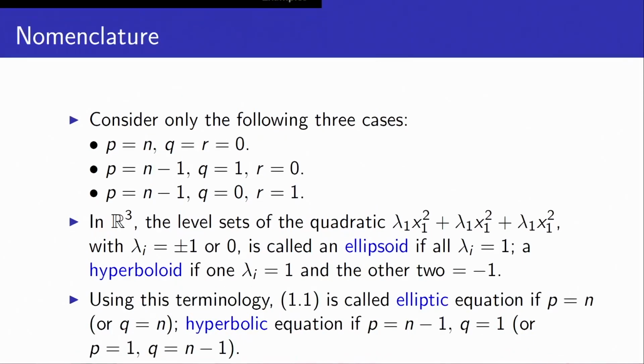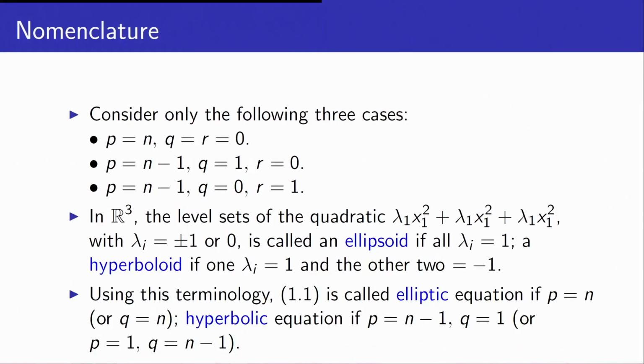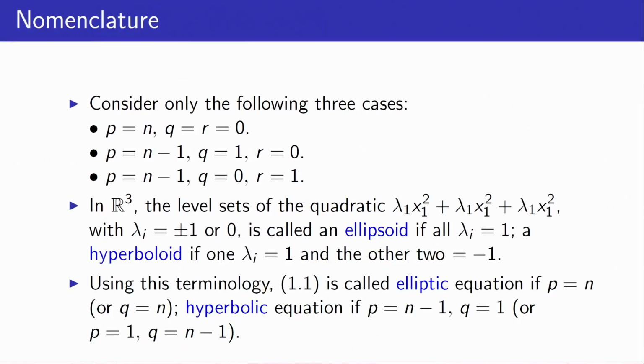The same terminology we use for the classification of PDE. PDE 1 is called an elliptic equation if p equal to n, or by changing the sign we can also assume q equal to n. So in either case, all are positive eigenvalues or all are negative eigenvalues. It is hyperbolic if p is equal to n minus 1 and q equal to 1, or again by changing the sign you can assume p equal to 1 and q equal to n minus 1.